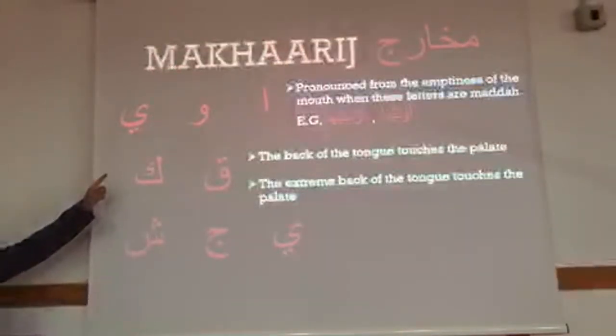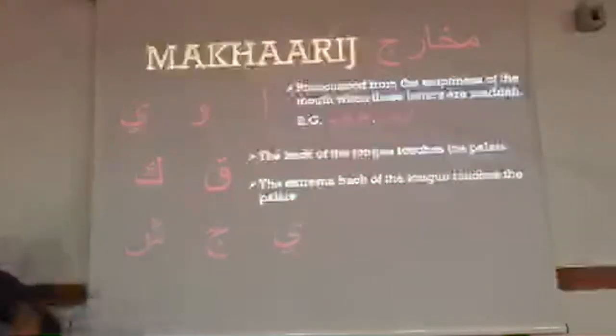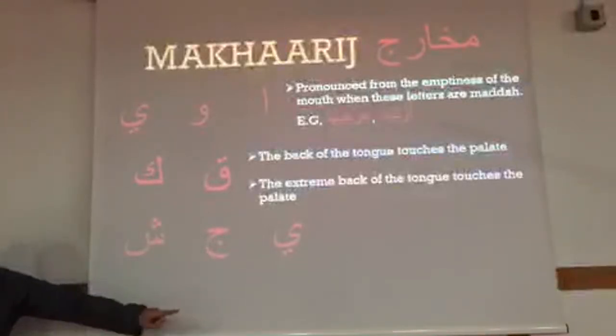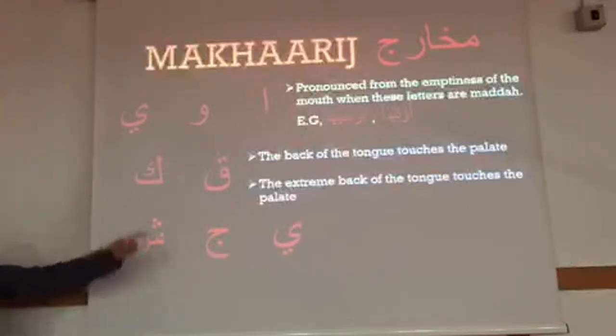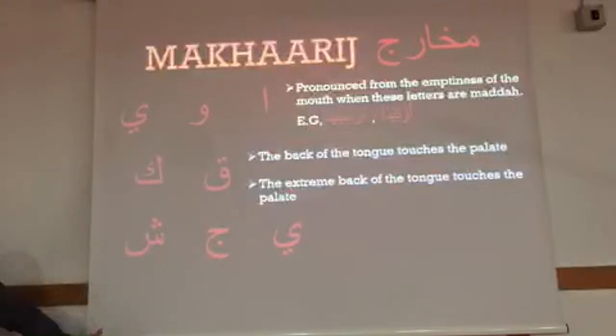This Ya is when it has a sukoon, and this Ya is when it has a fatha, dhamma, or kasra, a vowel. So for example, Ya, Yu, Yi. This one has a sukoon, when it's going to be madd, and this one is going to have a haraka.